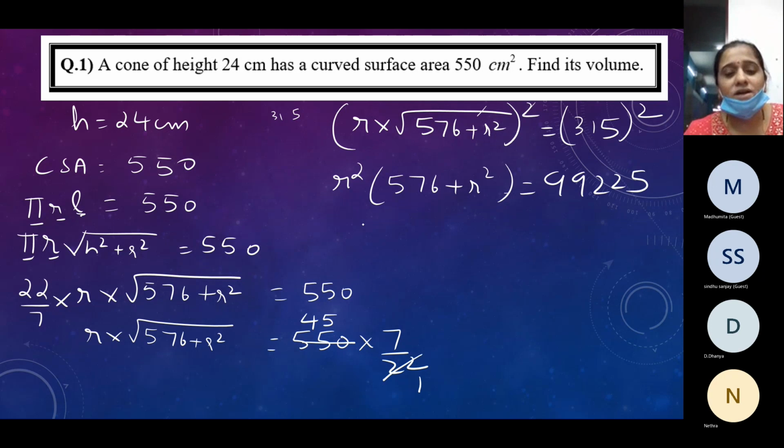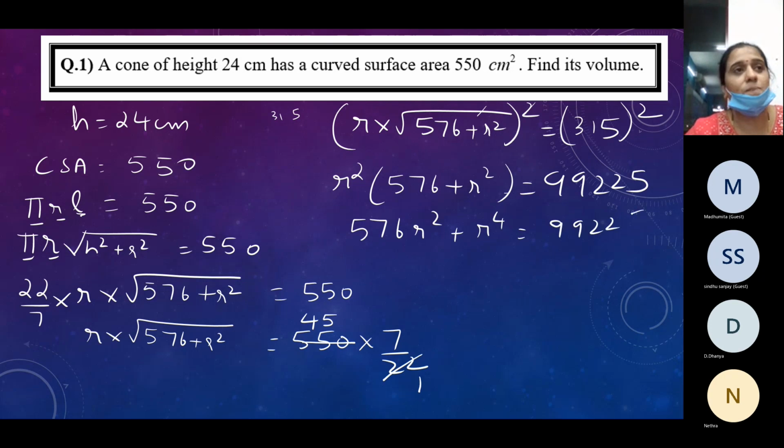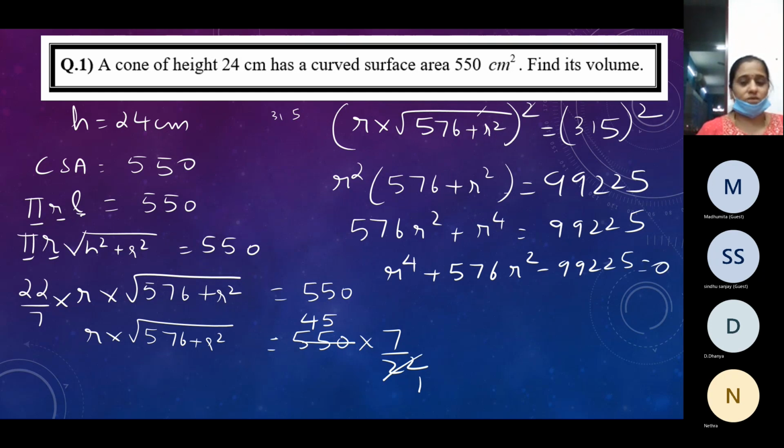Now when you multiply, you will get 576 R square plus R to the power 4 is equal to 99225. Or you have R to the power 4 plus 576 R square minus 99225 is equal to 0.